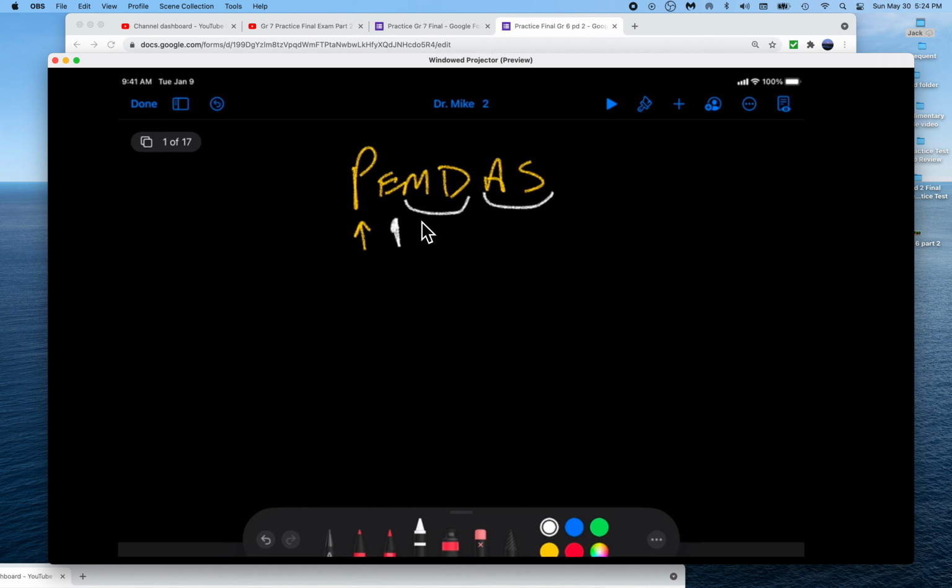You determine which to do first based on moving left to right when you're dealing with multiplication and division and addition and subtraction. For example, if you have this listed, you do this division first before that multiplication.